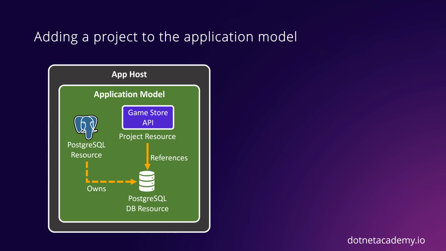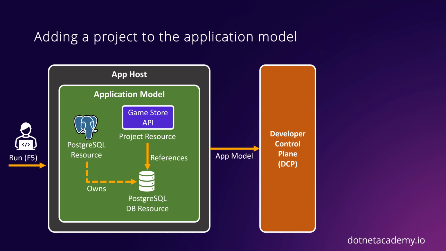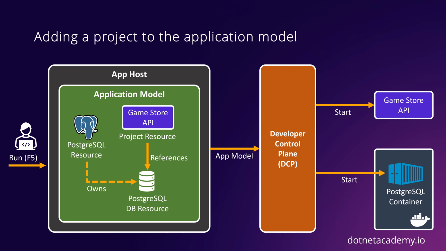So now, when you run your AppHost and the updated app model is sent to the DCP, it will start both the PostgreSQL container and the API project. But more importantly, it will inject the database connection string as an environment variable into the API process, which it can then use to connect to PostgreSQL.